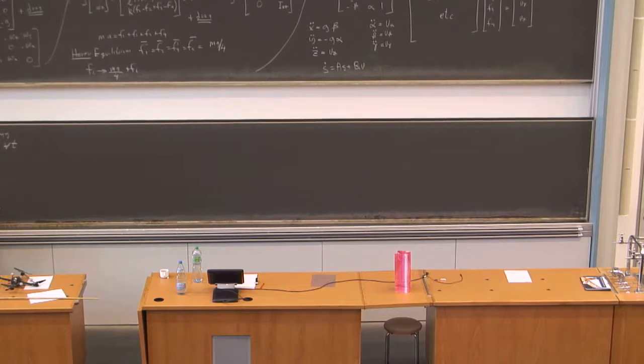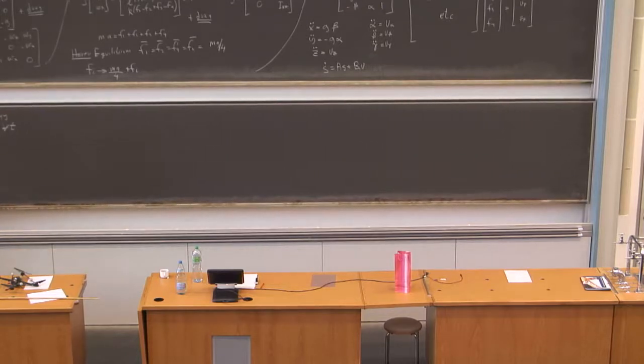And then I'm going to substitute F1 goes into F1 bar plus F1, F3 goes into F3 bar plus F3. And I'm going to redo this analysis with these perturbations here.